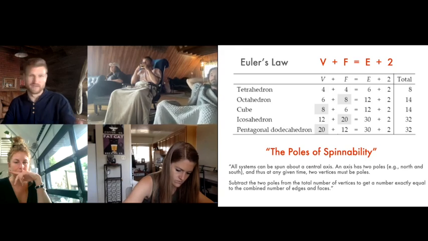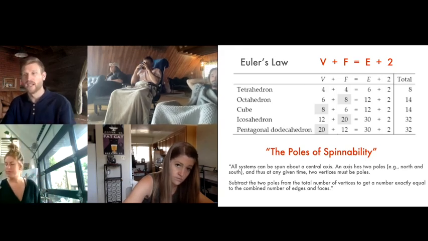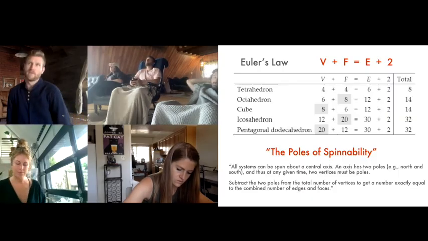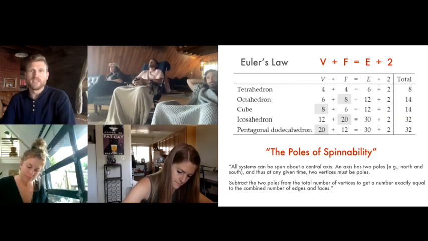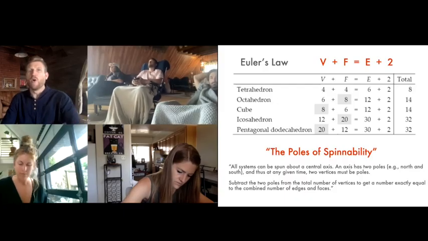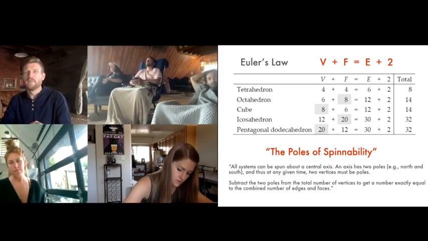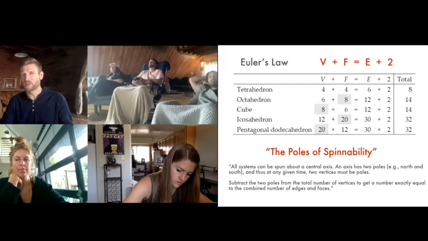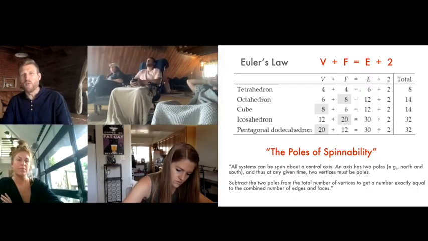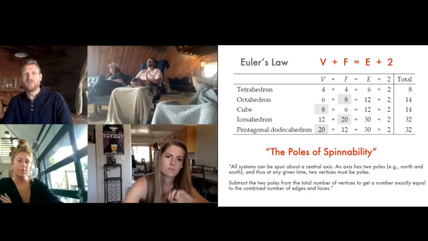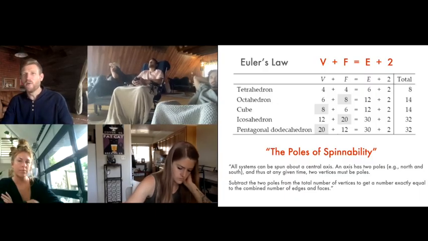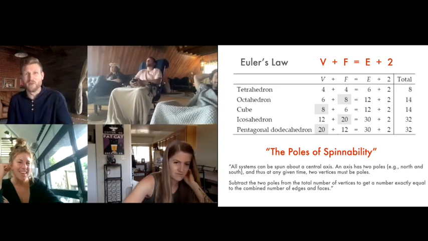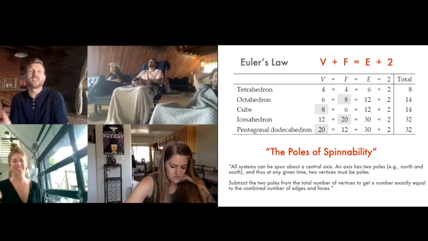So we can study this, but it's arithmetic right in front of us. And so the mystery of this law is the number 2. To have a whole number constant in a formula like this that defines every single geometric structure possible, where does V plus F equals E, but then there's just the number 2? What is that doing there? And why does it work every single time?